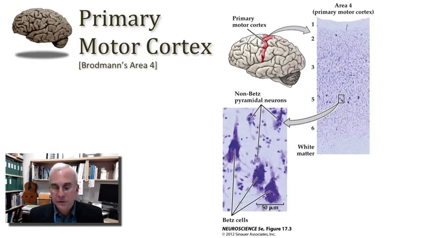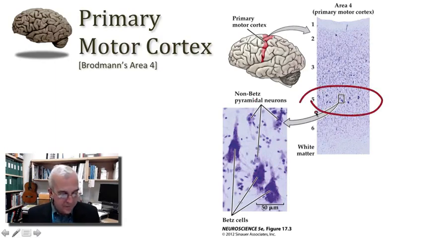And a few features really stand out. One feature, which is highlighted in this slide, is the presence of these very large neurons that we find in layer 5 of the primary motor cortex, which corresponds in Brodmann's nomenclature to area 4.